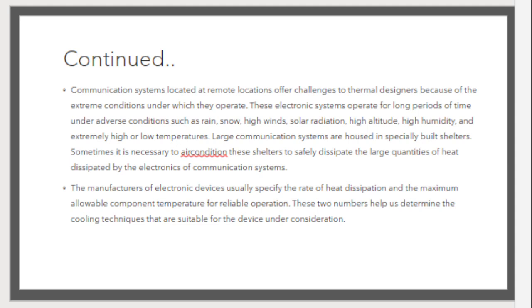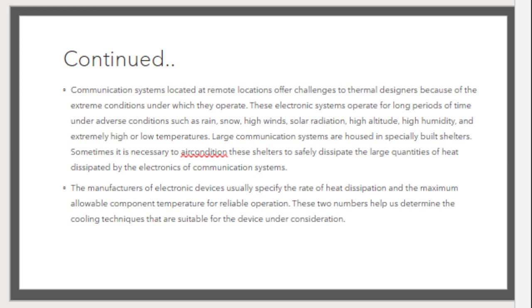Large communication systems are housed in specifically built shelters. Sometimes it is necessary to air condition these shelters to safely dissipate the large quantities of heat dissipated by the electronics of the communication systems.